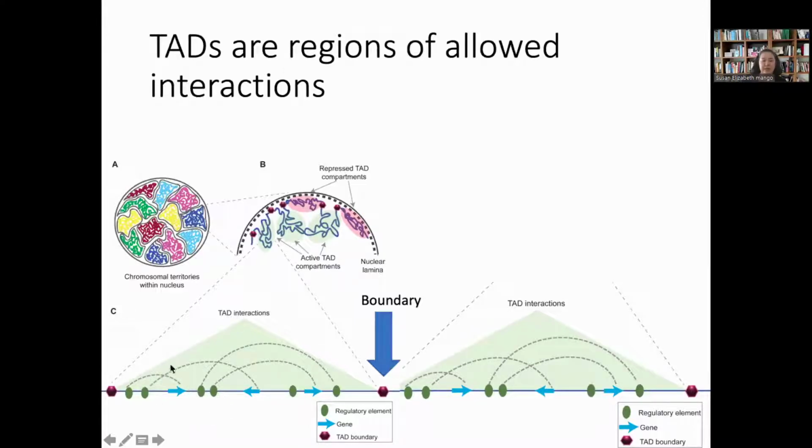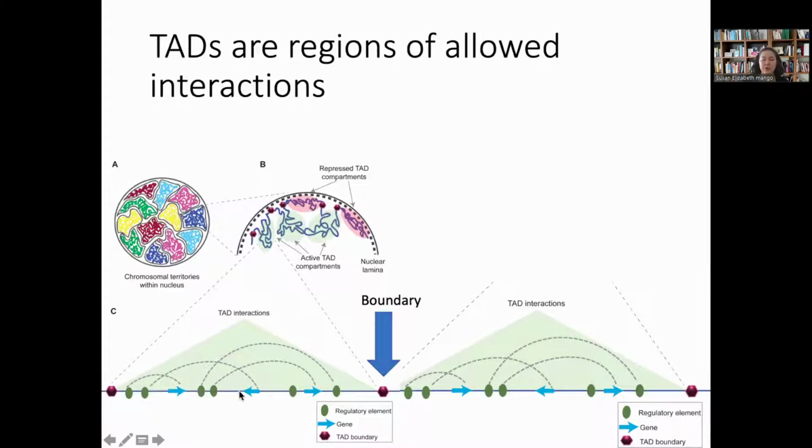And Jadiel will explain how this methodology works, and you'll be figuring some of this out yourself. But what the boundary element does is it makes sure that sequences here are less likely to interact with sequences over here, so that you get little neighborhoods that can loop and interact with one another, and that are separated from other neighborhoods over here.